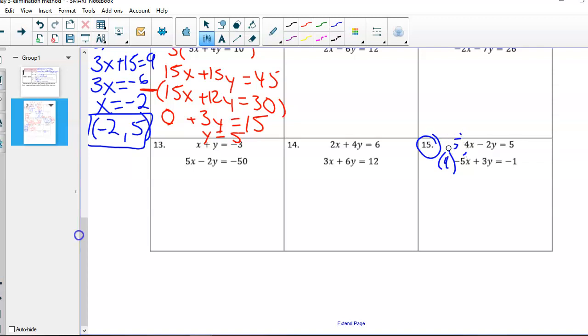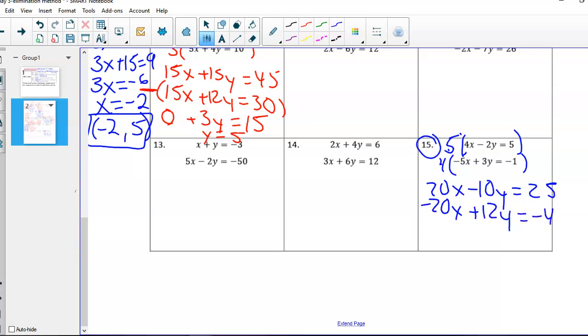I wrote those parentheses wrong. But that does mean you need to distribute to both. 20x minus 10y equals 25. Negative 20x plus 12y equals -4. Okay.